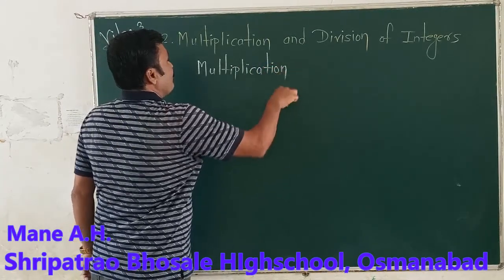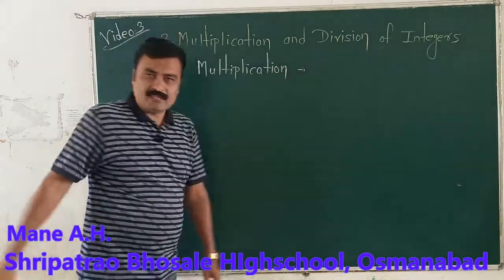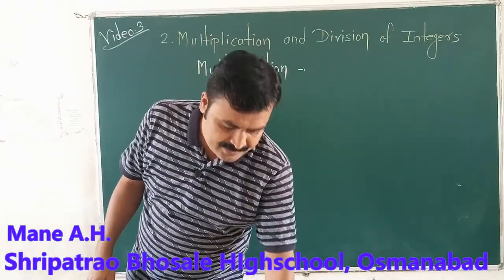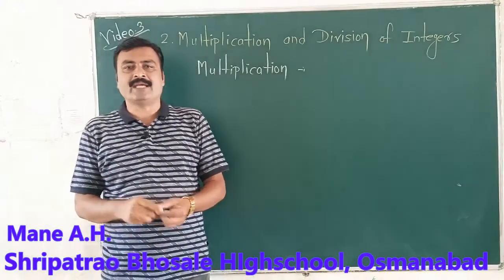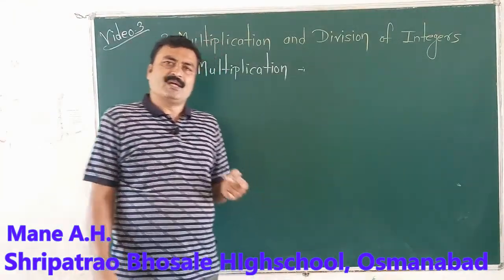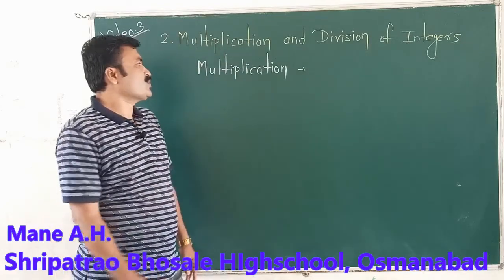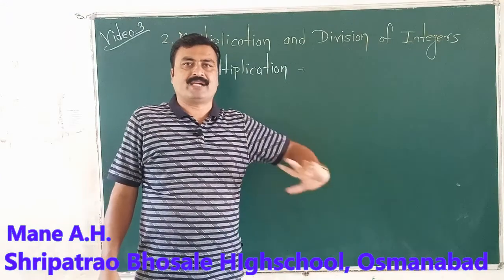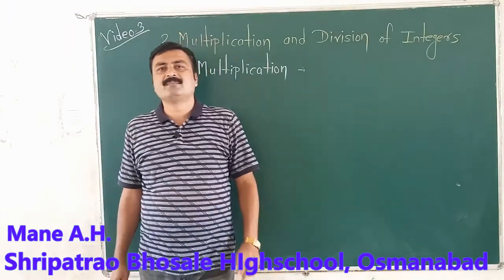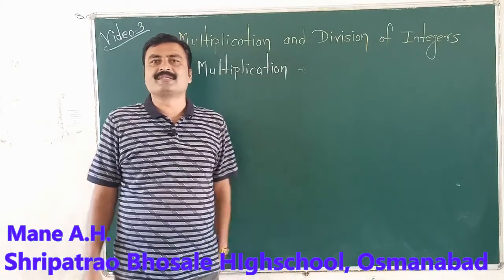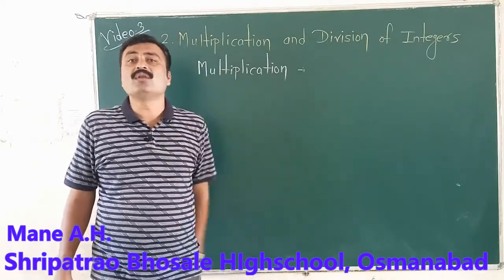Now we already know about 3 types of integers, that is positive integers, negative integers and neutral numbers. If you make the combination for multiplication, from standard 1 up to standard 5 we completed the multiplication process between two counting numbers, that we also call whole numbers.